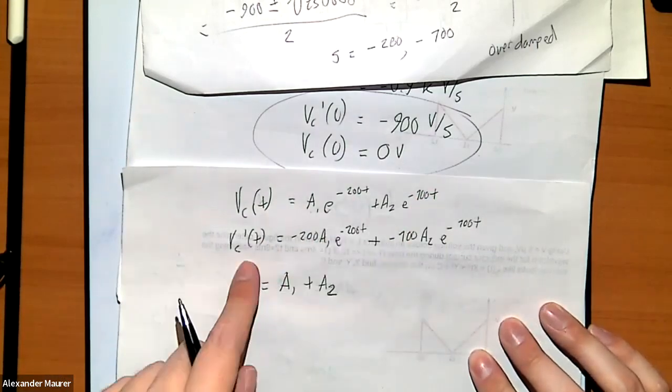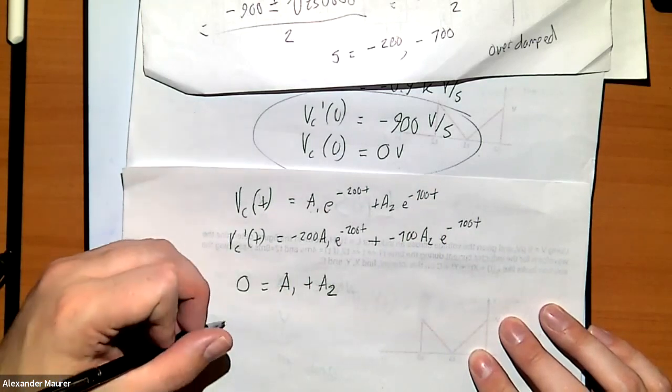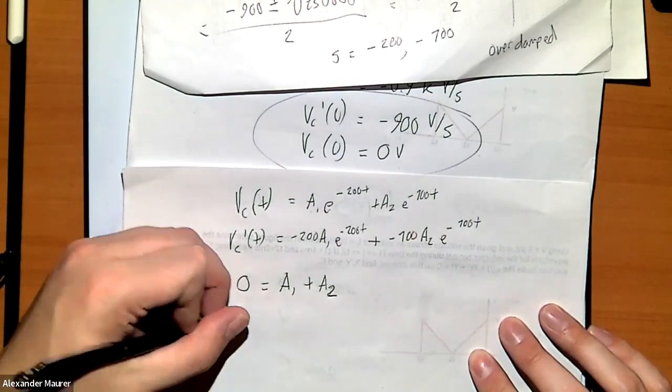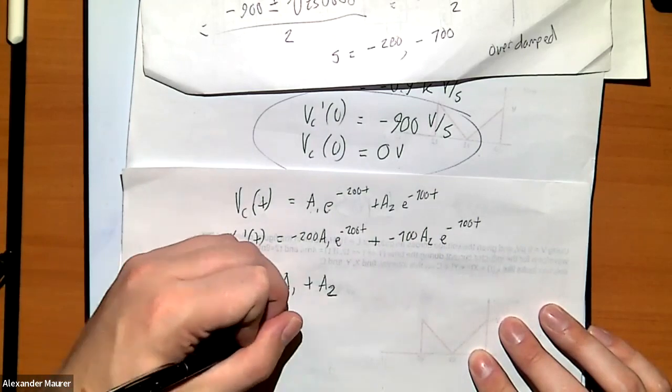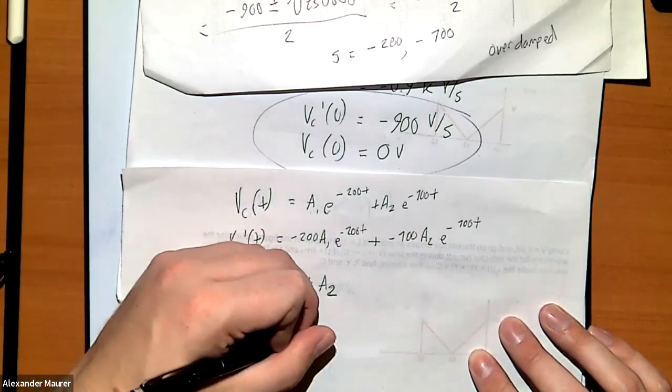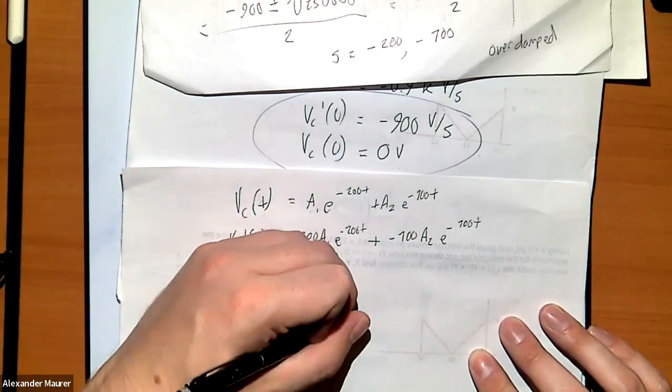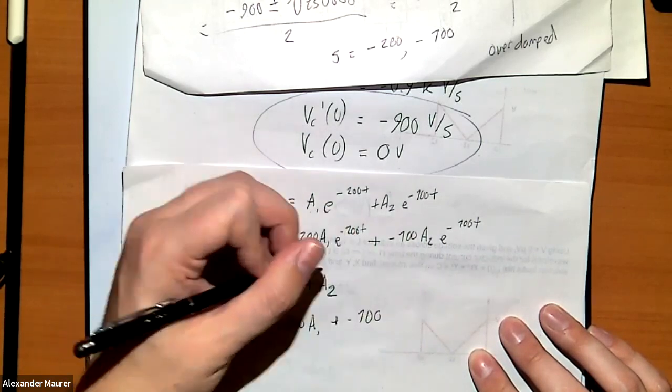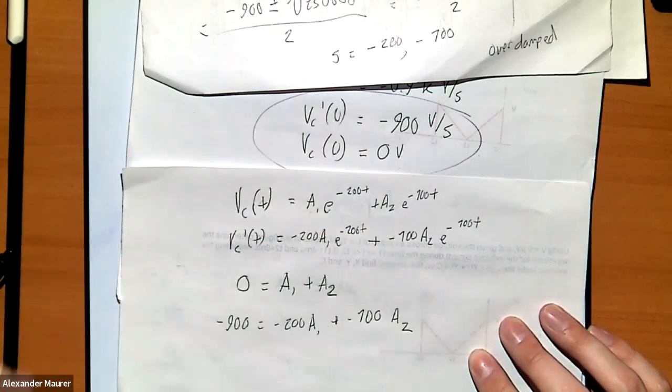So that's fine. And then VC prime, which we know to be negative 900, is equal to negative 200 A1 plus negative 700 A2.